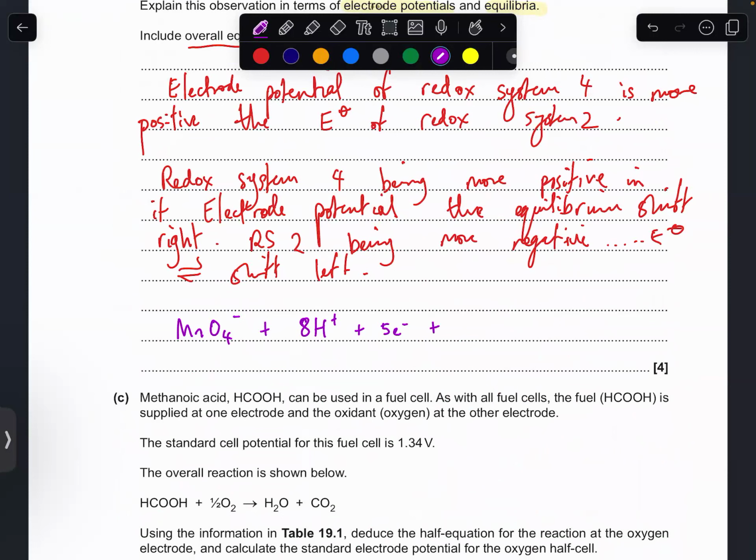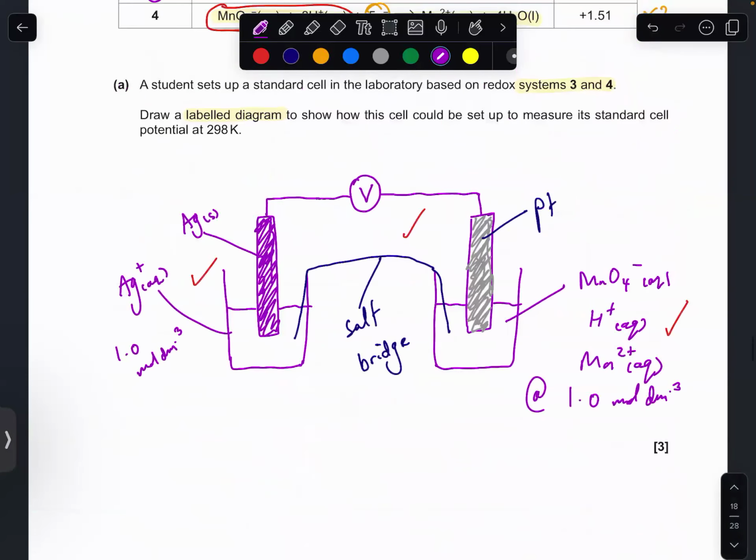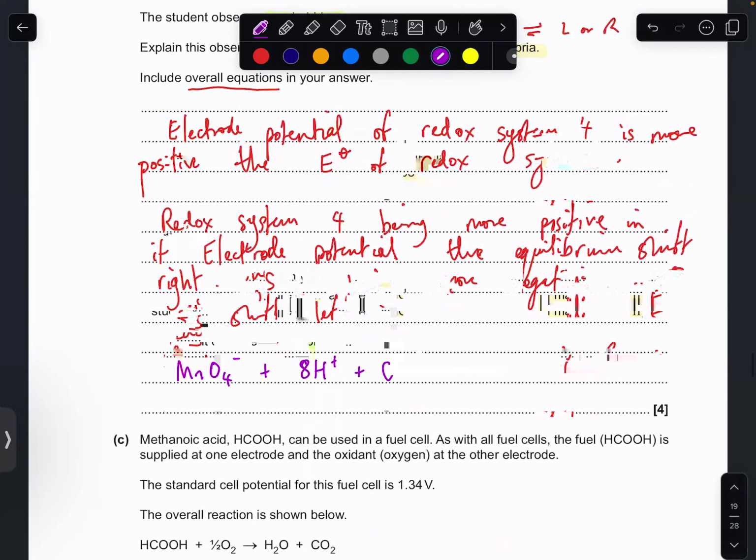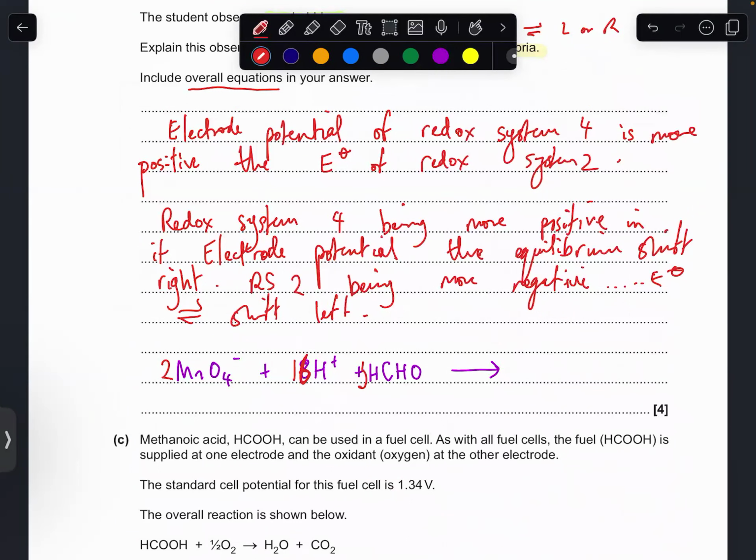Well, the electrons are going to cancel out. Let's react that with methanal, HCHO, and that goes on to give you, let's put our big numbers. We're going to multiply this by 2, make that into a 16, and make this into a 5.